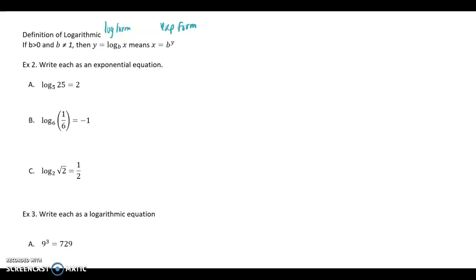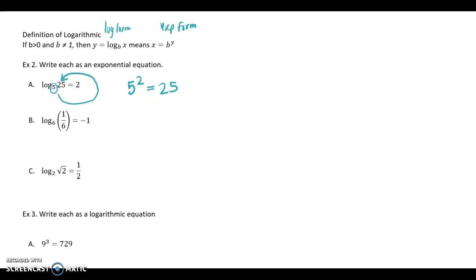Okay, so example number 2, we're going to rewrite all these log forms as exponential form. One thing we could do is snail it. I'll teach you how to snail it. You start at the base, so your base is always going to be that subscript. So it's 5 to the 2 equals 25. So 5 squared equals 25.